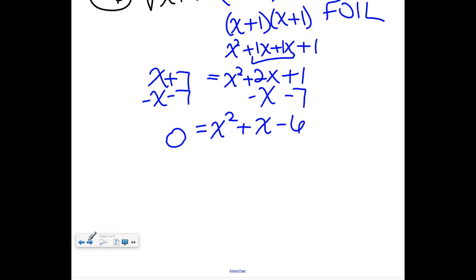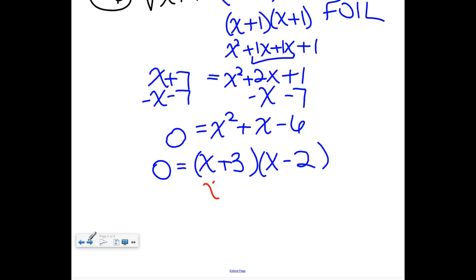So now we can factor. So I'm going to have x and an x, and to get to negative 6 and add up to positive 1, we're going to have positive 3 and negative 2. Therefore, that means this x equals negative 3, and this x equals positive 2.